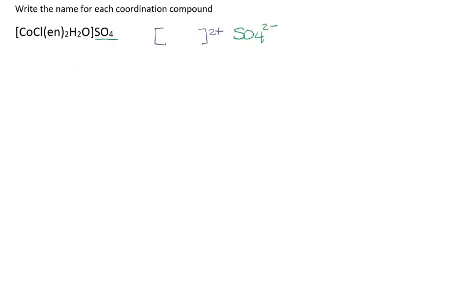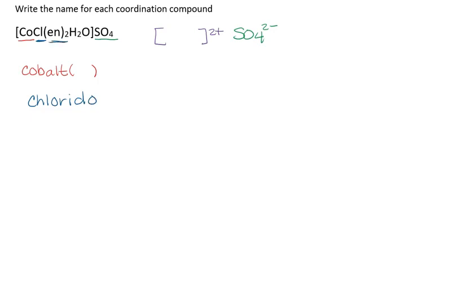So now we can take a look at the coordination complex and see what the different parts are. Our metal ion is right there. We know that it's cobalt and that we're going to have to figure out its charge, and we'll do that in just a little bit. What else do we have within the complex? We have our first ligand right here, which is chloride. There's only one of them, so its name will be chlorido.